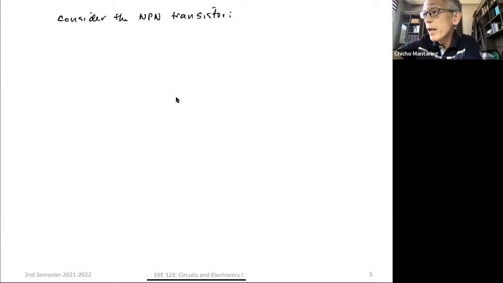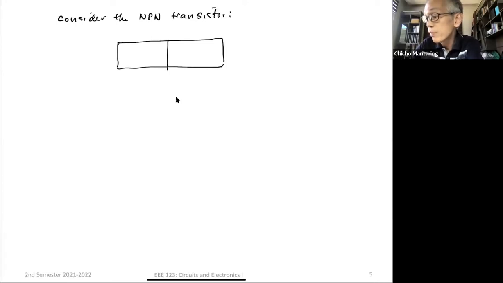Okay, so let's consider the NPN transistor. I already mentioned that you have a very simplistic construction. This is a simplified construction. So this is NPN. This is your emitter, your base, your collector. You actually have two junctions.